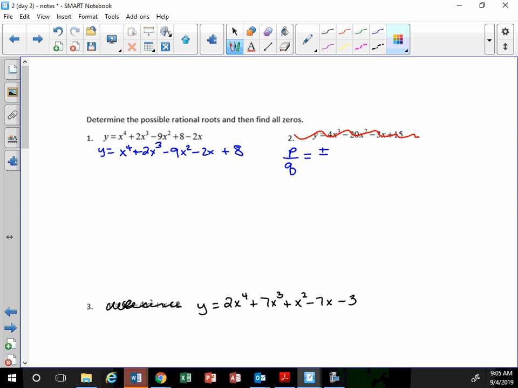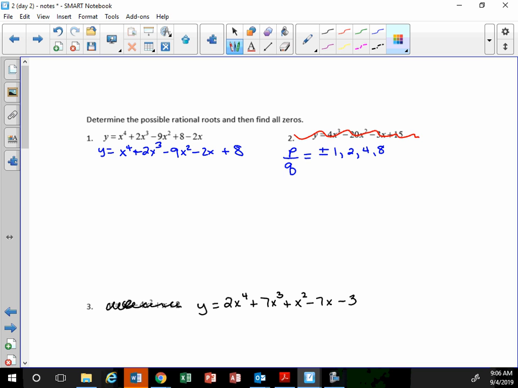So my constant is 8. 1, 2, 4, 8. Leading coefficient? 1. That's handy, right? Okay, so that's it. That's your list of P's and Q's. Okay, what do you want to try first? 1?